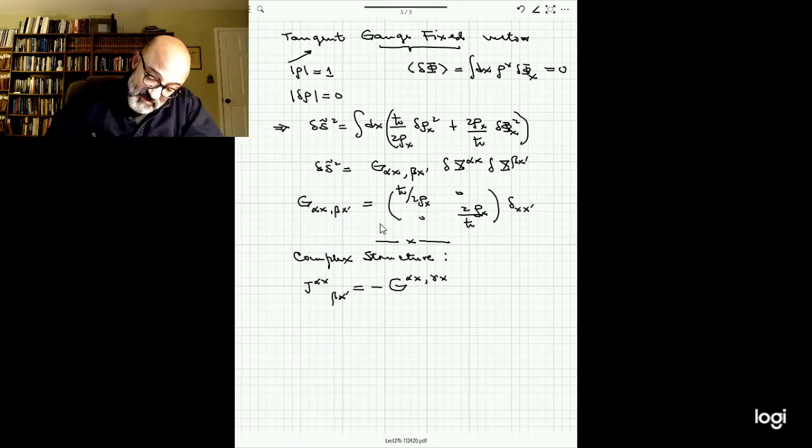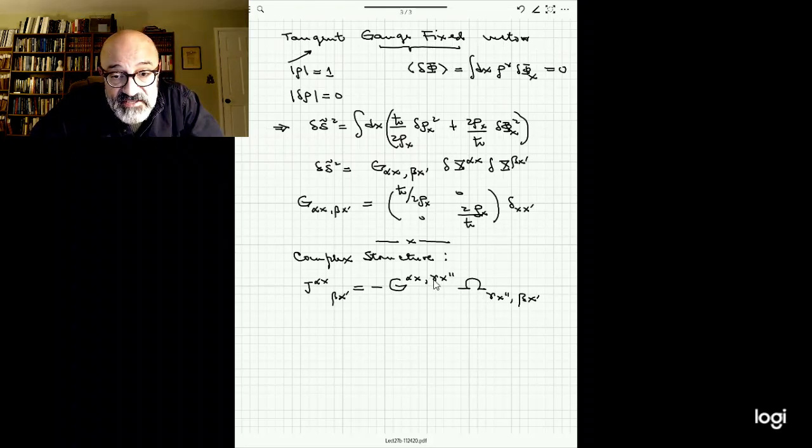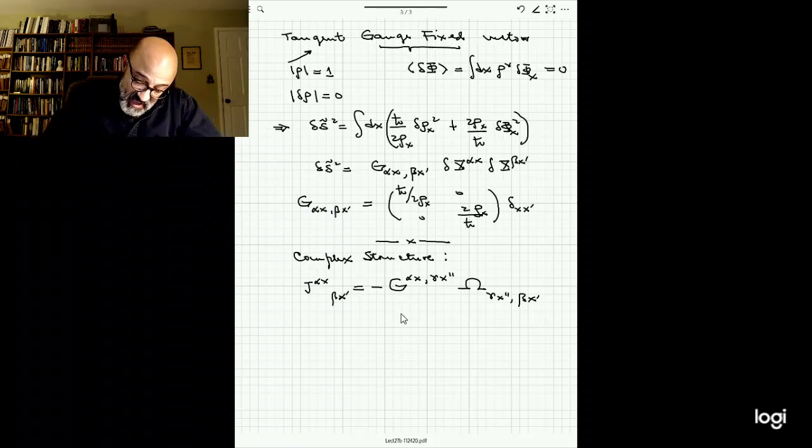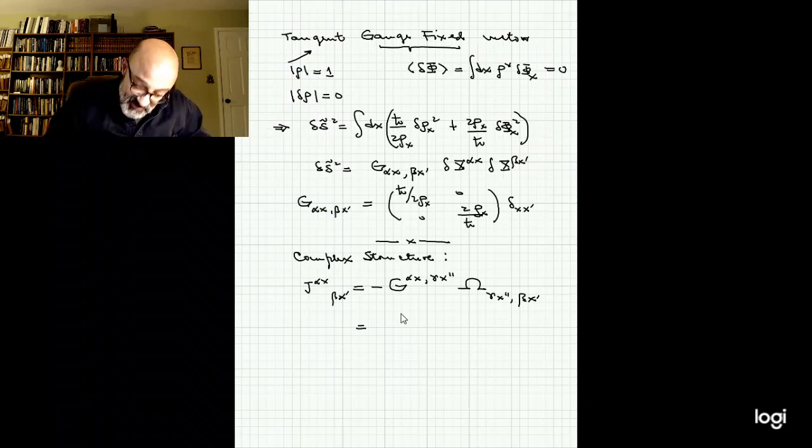So gamma x double prime, that's an index. Then we're going to have omega, and so here we're going to raise that index and have beta x prime. So raise that index with the inverse metric tensor, and the result is, it's just a matter of writing it down. This is not particularly enlightening. And then here there is going to be a 2 rho x over h, 0 with delta functions.